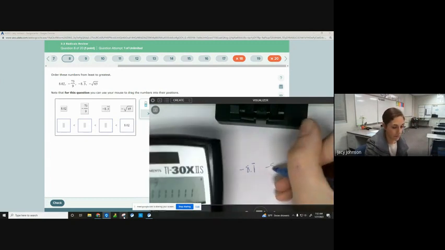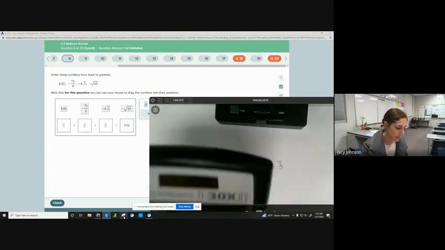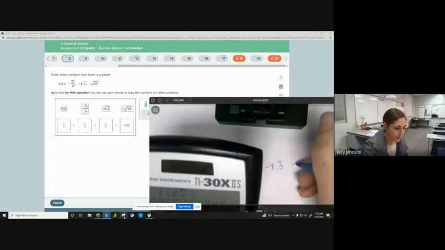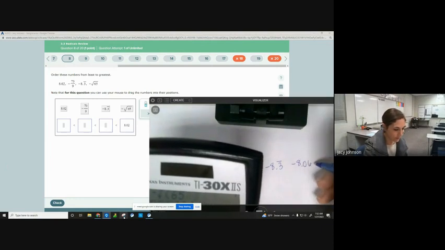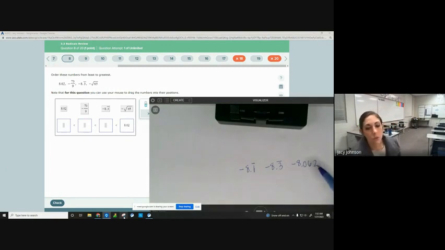Then I have the negative 8.3 repeating that I need to compare it to, and negative square root of 65 turns into negative 8.062, and it continues. So if I'm comparing these 2 numbers, which one is the smallest?